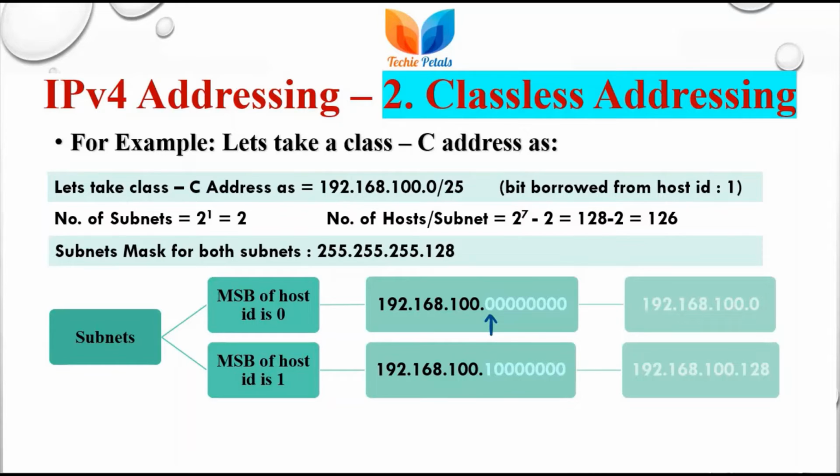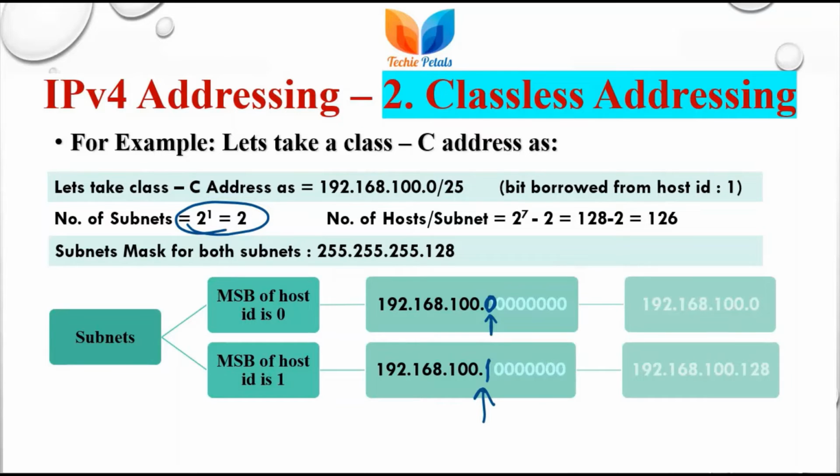So here, if this bit is 0, or the second possible case, if this bit is 1, so we can have only 2 networks, 2 subnets. If this bit is 1 or if this bit is 0, 2 networks are possible.